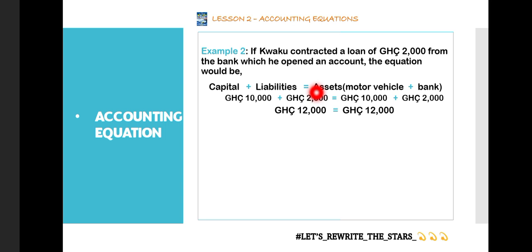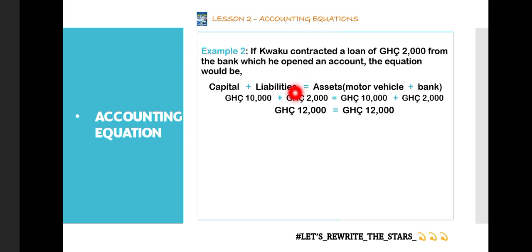So that one becomes the liabilities, because the loan we are going to pay for it. So this one will be equal to what? The total assets of the company. The motor vehicle, which is valued at 10,000, plus the loan from the bank, which is 2,000.